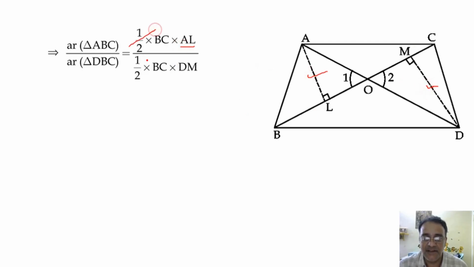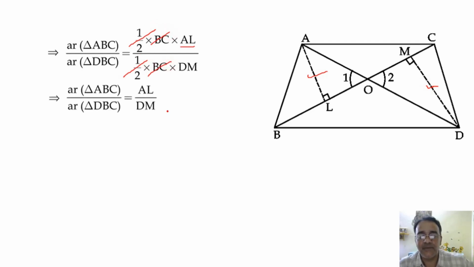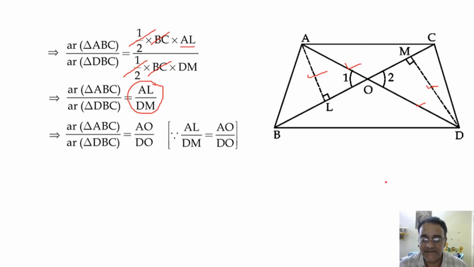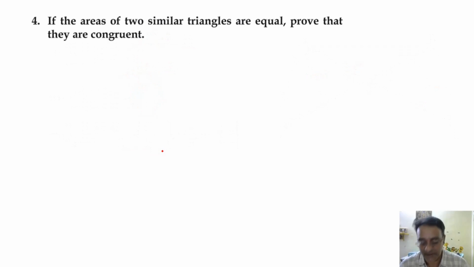So here half BC will be cancelled and we are getting AL upon DM. But AL upon DM, just now we proved, is AO upon OD. Right? So this is what we had to prove here. Does anyone have any doubt? No, sir. Okay, next question.